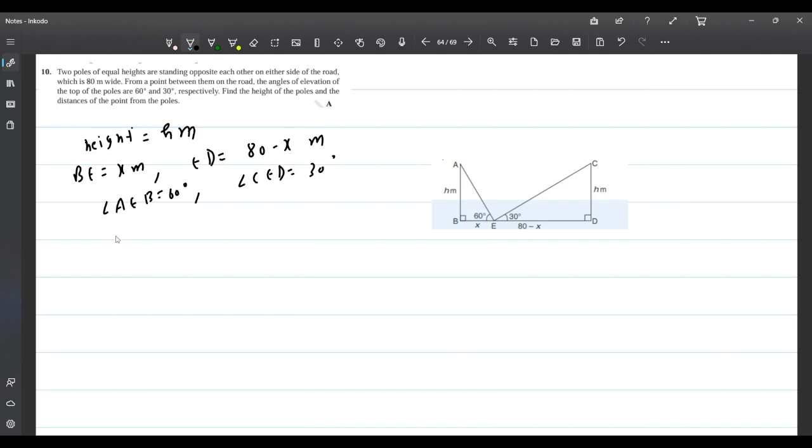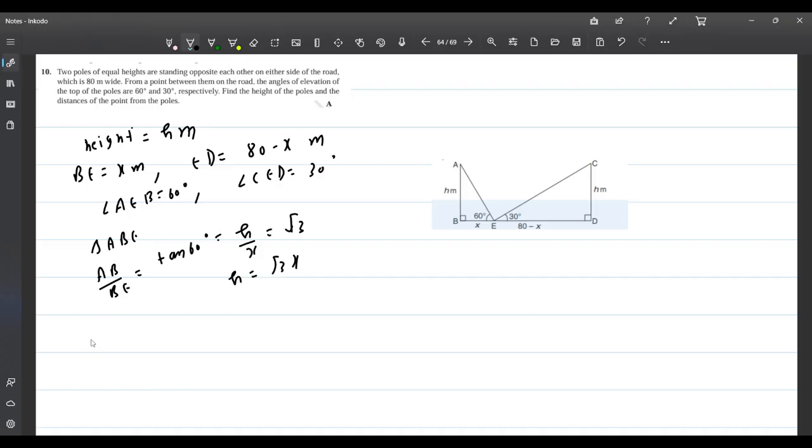So in a right triangle ABE, AB upon BE which is equal to tan 60 degree. So this is equal to h upon x upon root 3. So h is equal to root 3x.